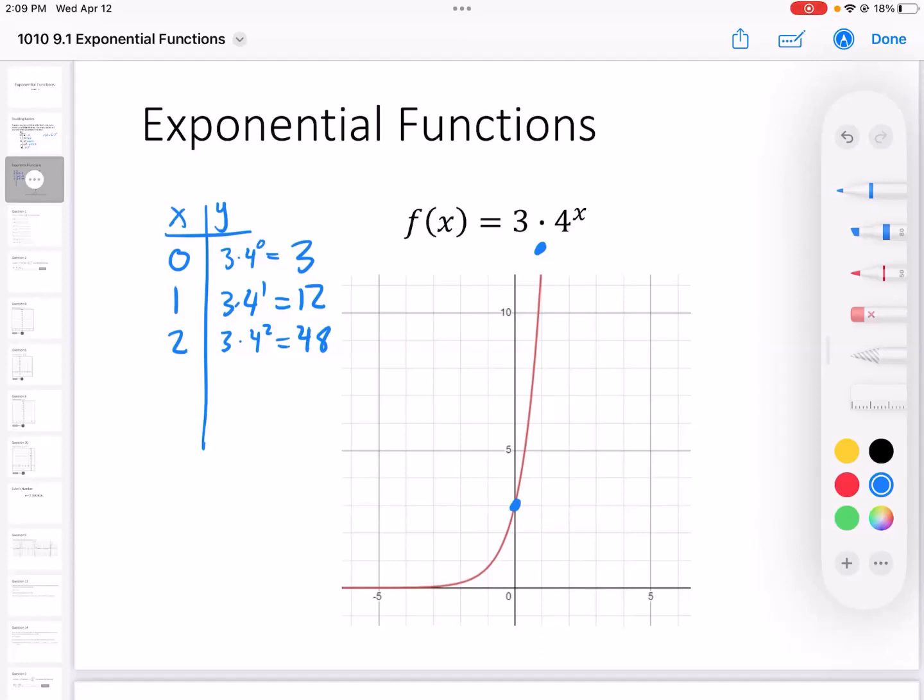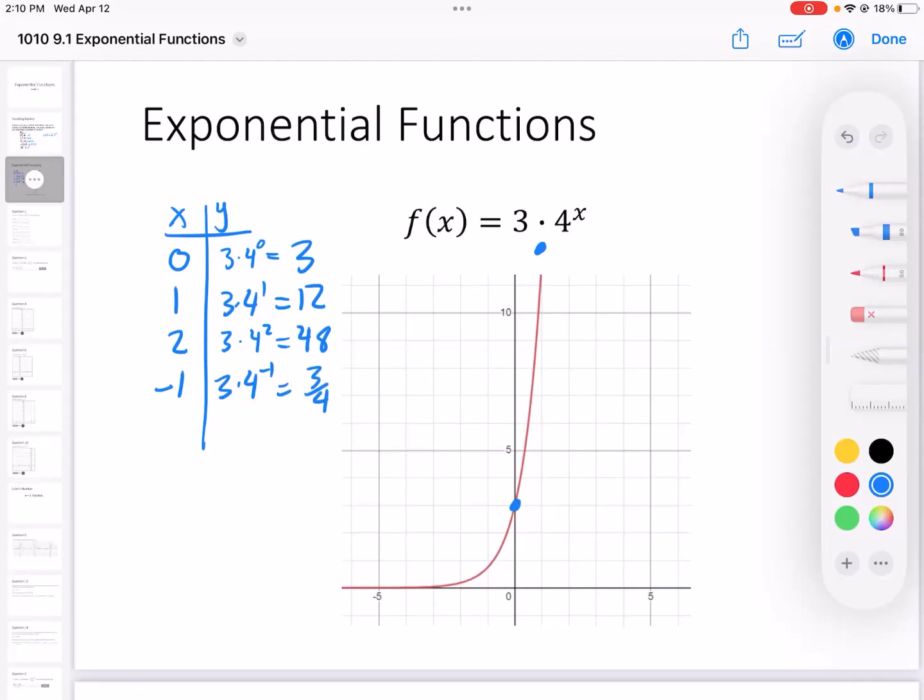And then if we go in the other direction, see what the graph looks like on that side. If I plug in a -1, I have 3 times 4 to the -1. And remember, negative exponents create reciprocals. So 4 to the -1 is going to be the reciprocal of 4 to the first power, which is 1/4. So this would give us 3/4.